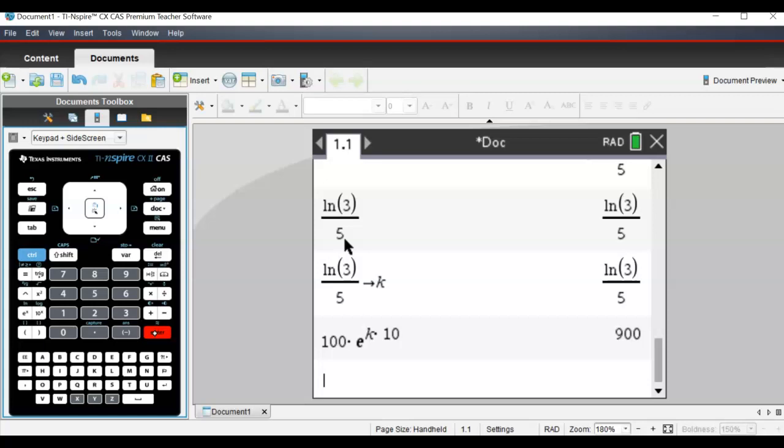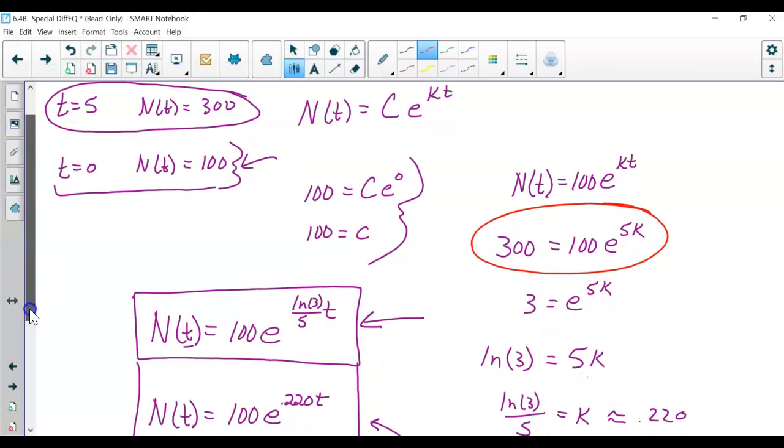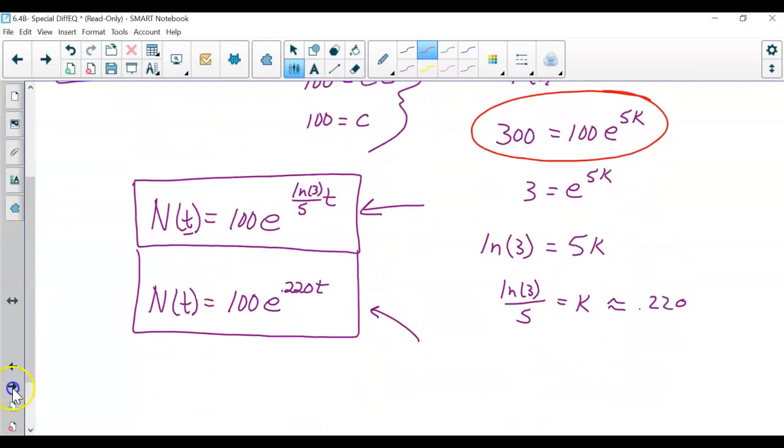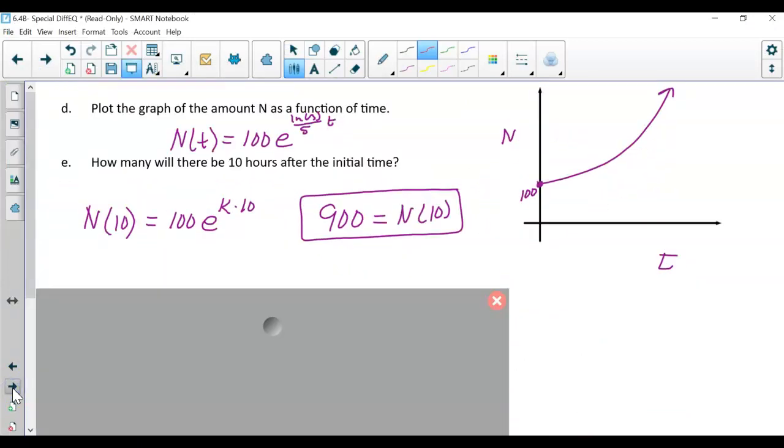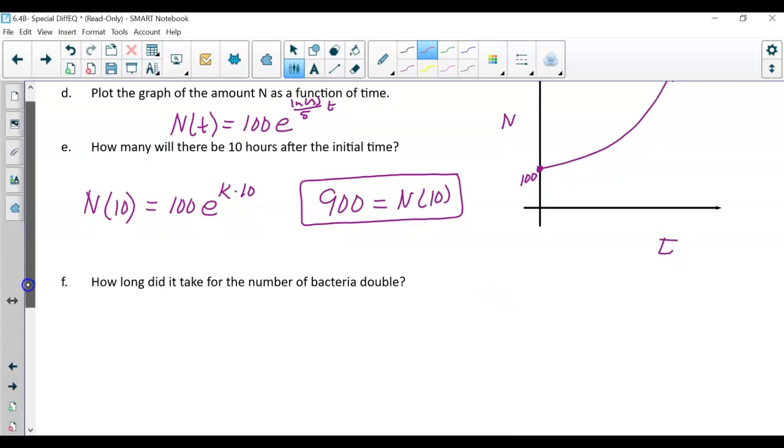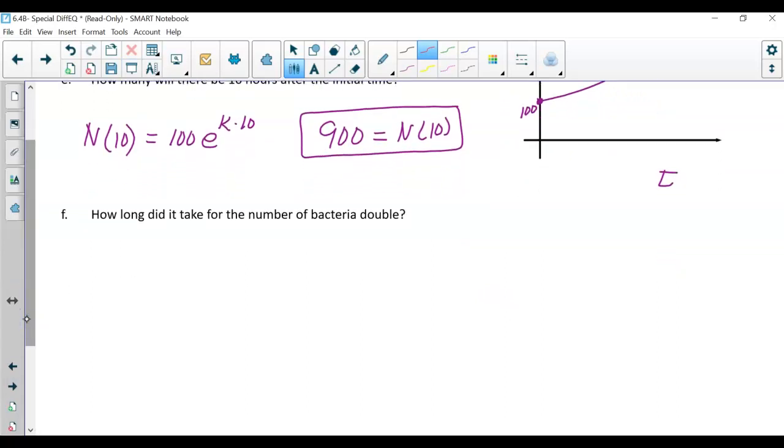The last thing they're going to want me to do here is, as I chunk along, they are going to want me to find how long it took for the number of bacteria to double. Well, remember, we know k equals the ln of 3 over 5.